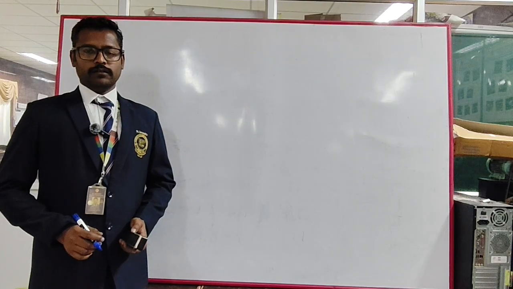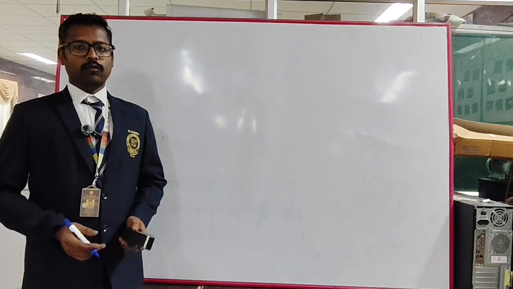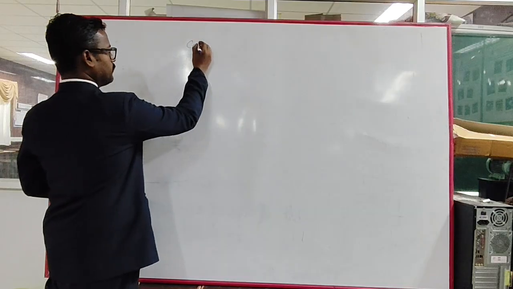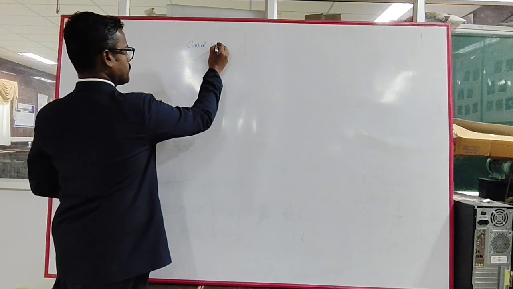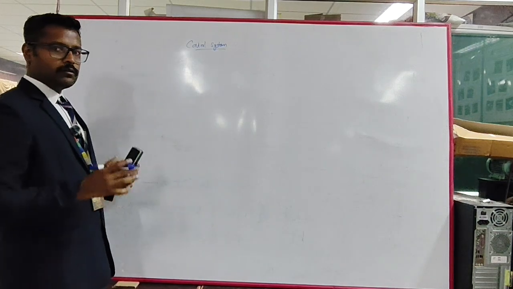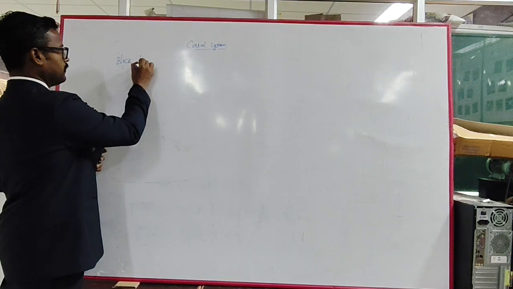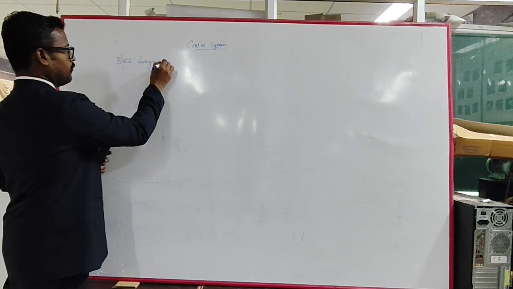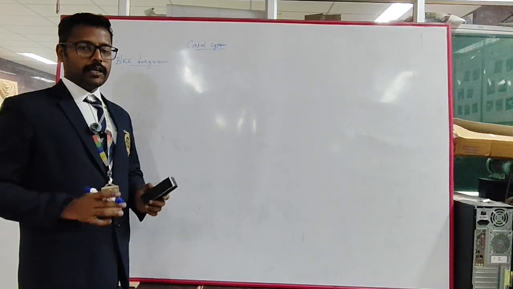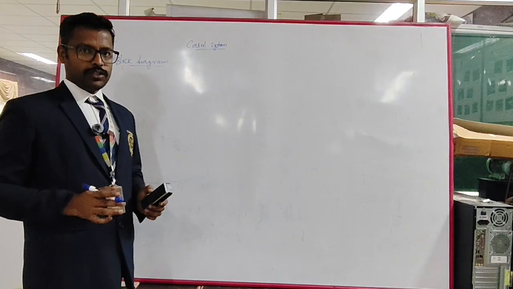Okay, so before we reduce the block diagram, first we need to know what is meant by a block diagram in a control system. So we know that every physical system can be represented with the help of a mathematical equation.